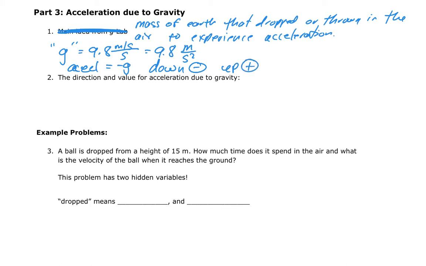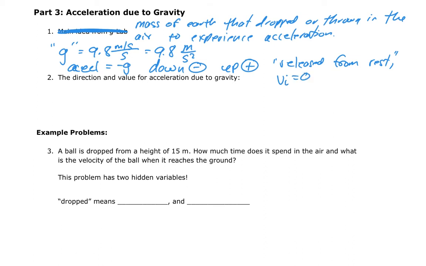So what that's saying is that if I drop something, if something is released from rest, that means that its initial velocity is equal to 0.